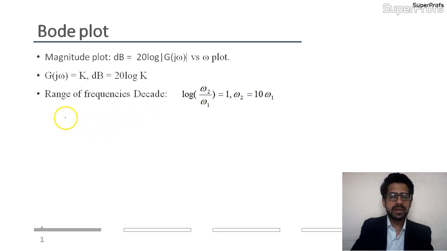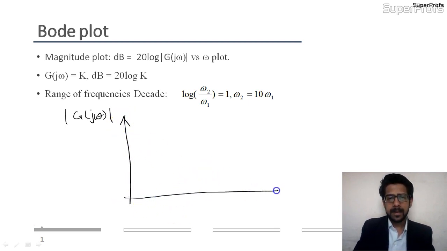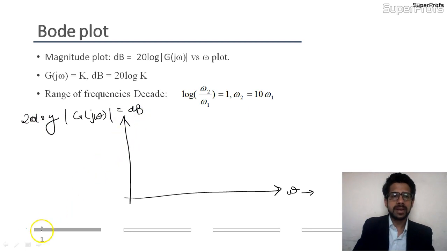So if you have magnitude G of j omega, assuming H of j omega to be unity, if for certain frequencies magnitude increases so much that you will have to use a logarithmic scale, this is why you can use Bode plots, wherein on the x-axis you have omega, and on the y-axis you have 20 log G of j omega, which is calculated in dB.